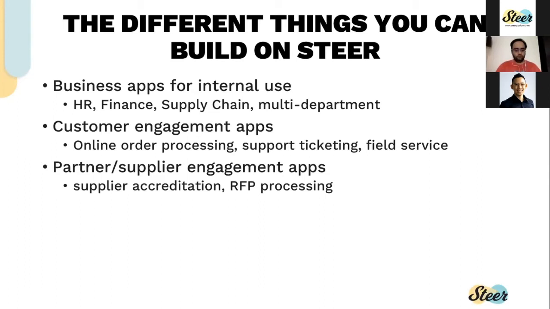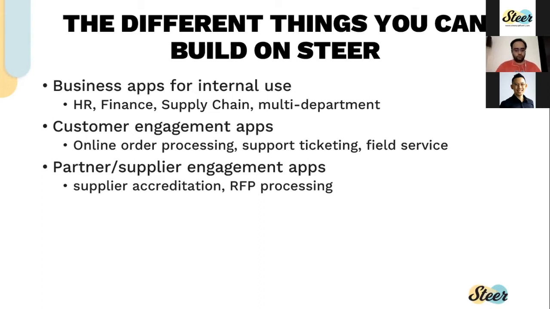You can also build apps that engage with organizations and people that are not part of your organization. For example, it could be partner accreditation, or it could also be your customers, receiving requests or feedback from your customers, so you can build apps that would cater to them.